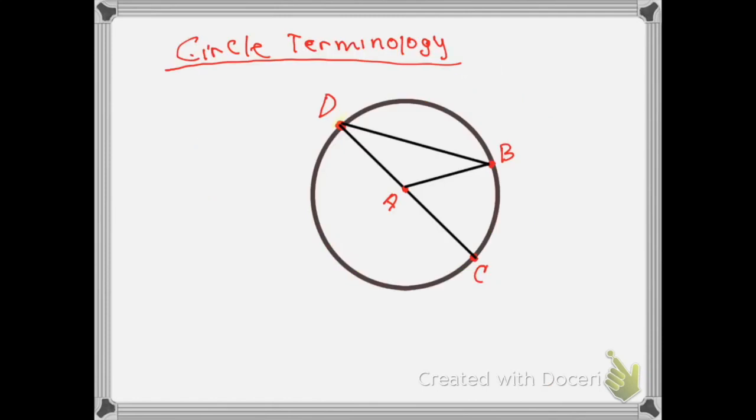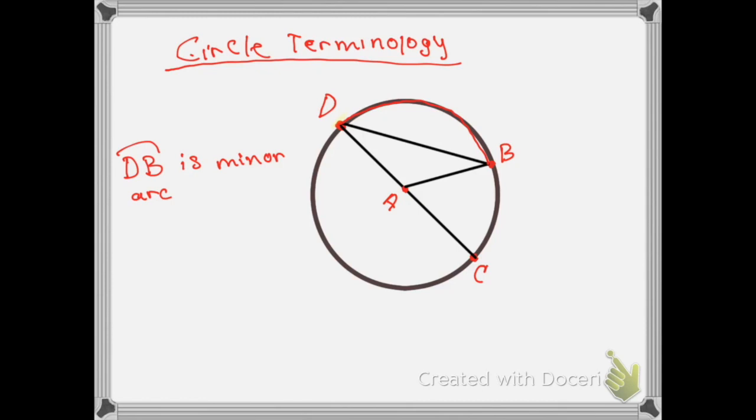Going back to our example here, we have a minor arc and we would call that DB, right? So DB is a minor arc, okay? And so what would be the major arc to that minor arc? Well, it would be the one that's remaining, okay?